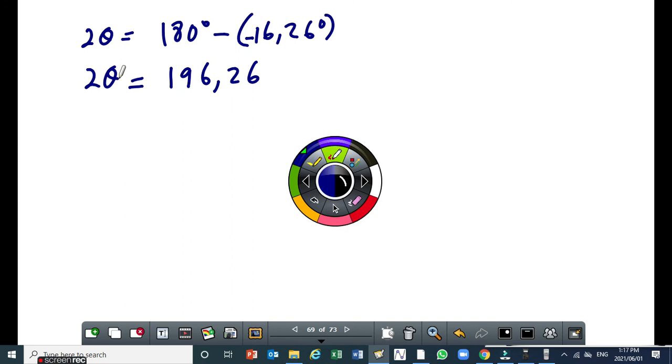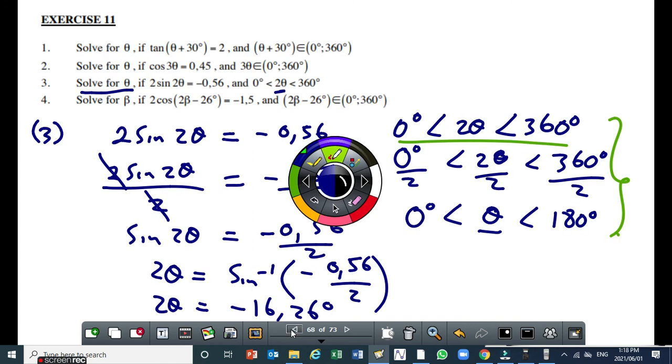So we divide, but before I get on, I just want to test if this 196.26 will give me the ratio that I get for minus 16.26. And that ratio is going to be minus 0.56 over 2. So let me just check that.